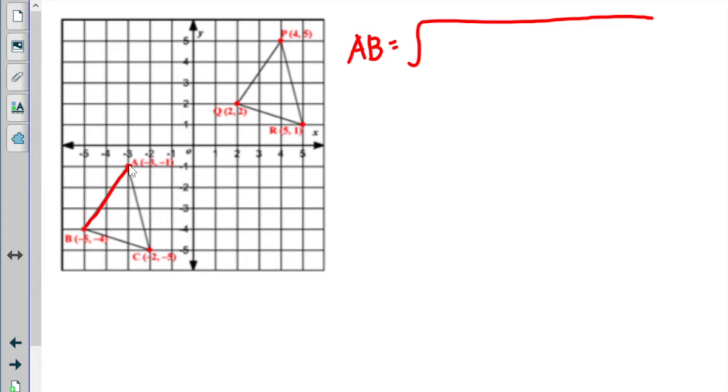But for A to B, subtract your x coordinates squared. My x coordinates here are -3 and -5. I'm going to take -3 and -5, subtract them, squared. Plus, subtracting the y coordinates squared.